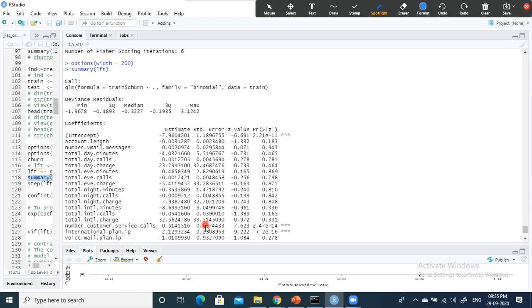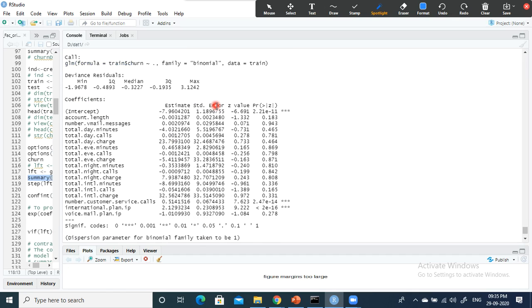The console will allocate more space here. Look here. Similar to linear regression, it shows the residuals, the five-number summary of the residuals, and for each and every feature, it shows the estimated log odds value.